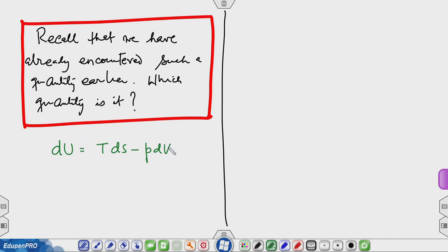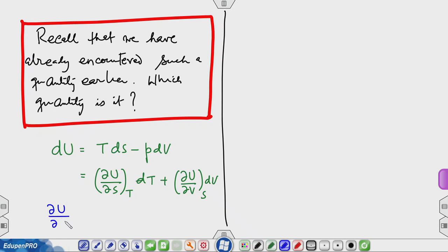From this, if I take dU to be (∂U/∂S) dS plus (∂U/∂V) dV, then you can immediately see that the partial change in the internal energy with respect to the entropy at constant V equals the temperature.